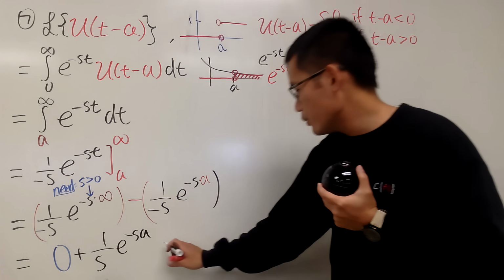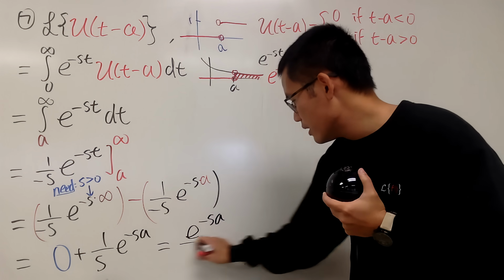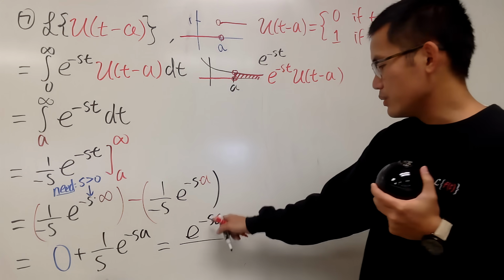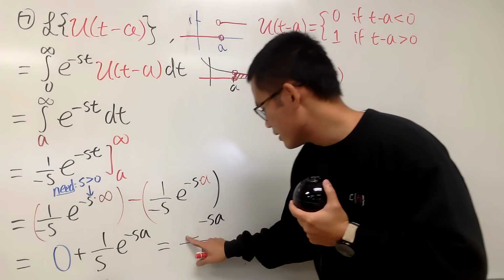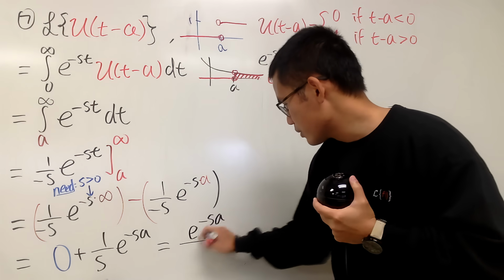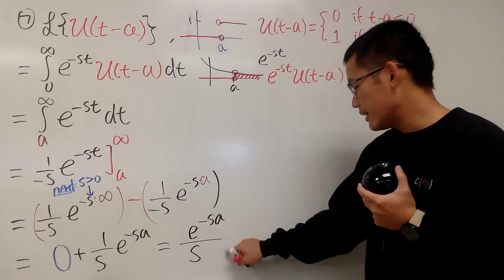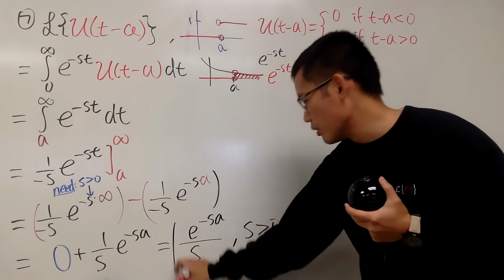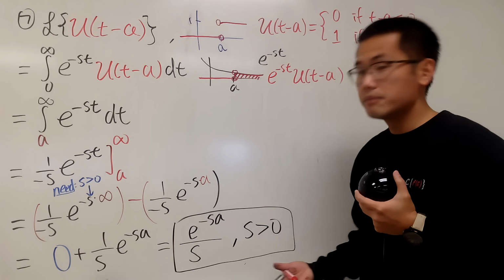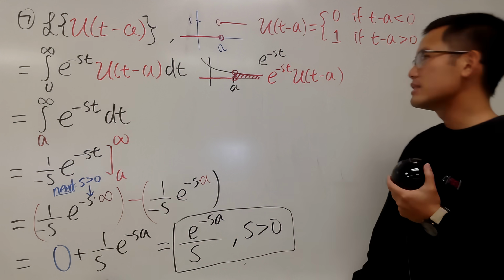Some people like to write it as e to the negative as, but this is okay. So we have e to the negative sa over s, and again we have the condition, s has to be greater than 0, in order for that to work. This right here is the Laplace transform of a unit step function.